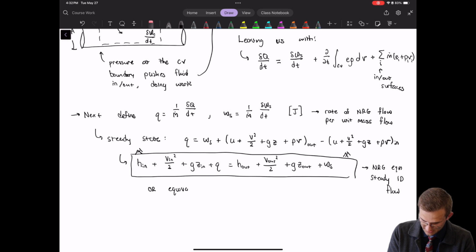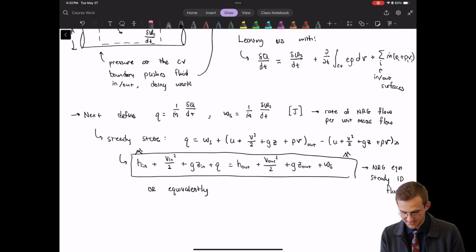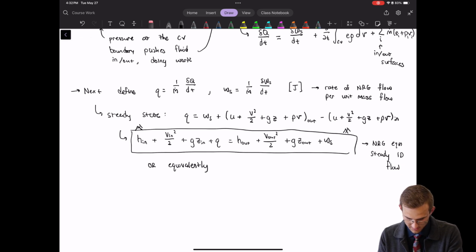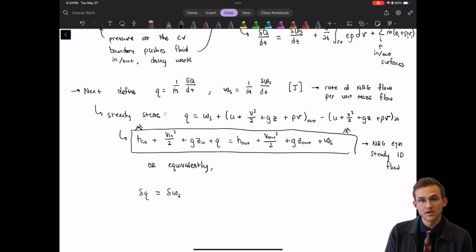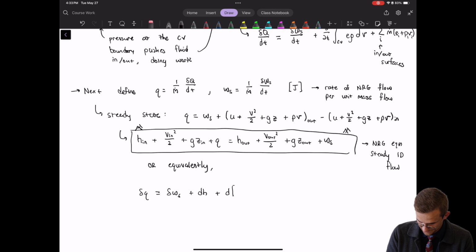Or equivalently, we can also write this in differential form, because this is essentially telling us that these are all just small changes, right? Keeping in mind that heat and work are path functions, we have the following relationship: dh plus d V squared over 2 plus g dz.